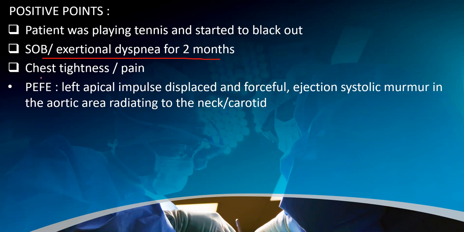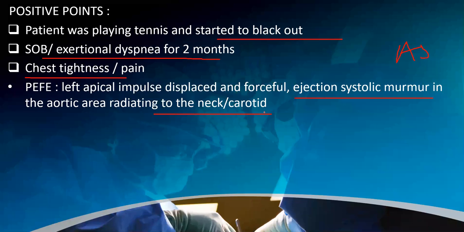So that's the triad of aortic stenosis: chest tightness, exertional dyspnea, and syncope. If you go into the PEFE, you will find there is a murmur. For aortic stenosis, it is an ejection systolic murmur in the aortic area that radiates to the neck or carotid.